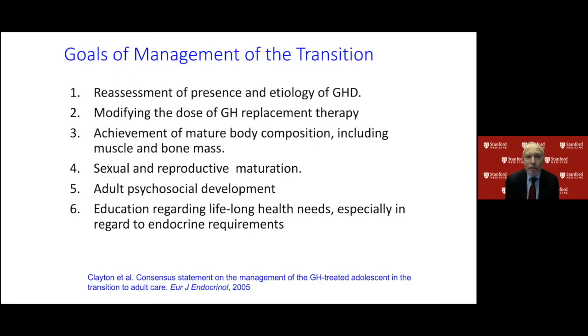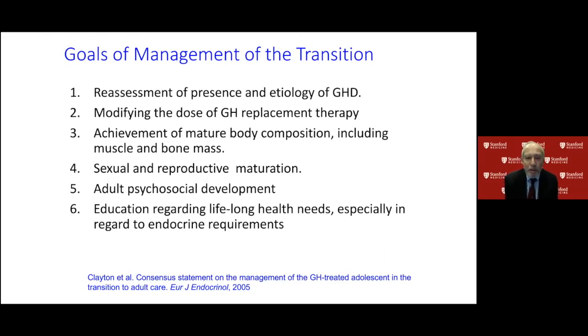And the goals of our management for patients with pituitary disease is to reassess the presence and etiology of growth hormone deficiency. If need be, we need to change the dose of growth hormone therapy. We want to maintain surveillance of these patients until they achieve mature body composition, including muscle and bone mass, and sexual and reproductive maturation.